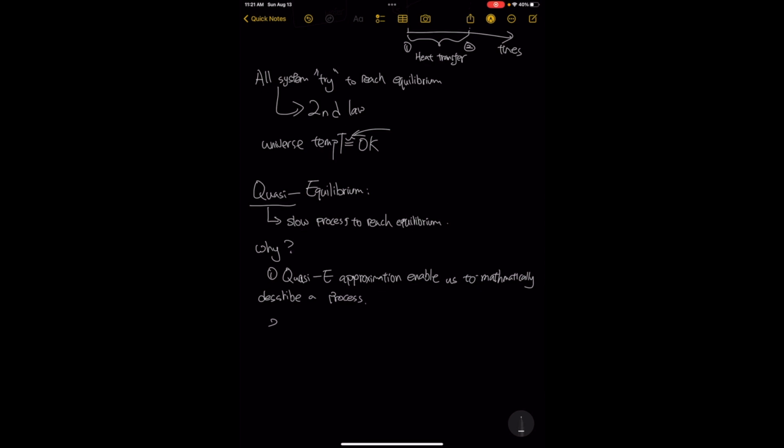Okay, and the second reason is that quasi-equilibrium, like approximation, also relates to the concept of reversibility, and that's a very important concept we are dealing with in the later chapters.